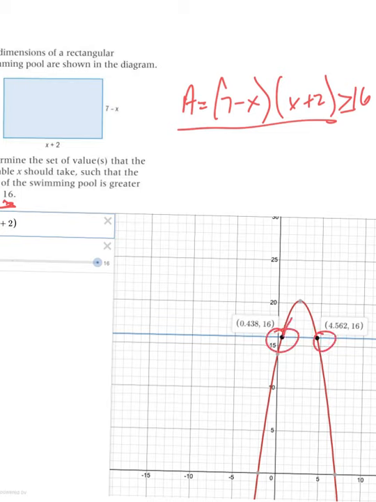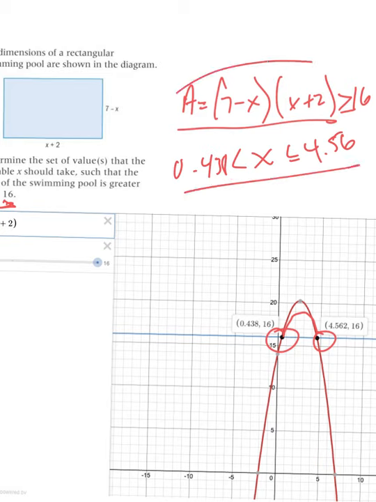Anything in here, so anywhere where my x value is between 4.56 and 0.438, if my x value is in this range, then I know the area is going to be larger than 16. And with these x values, you can find the actual dimensions of this thing here.